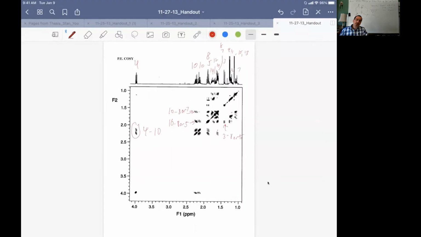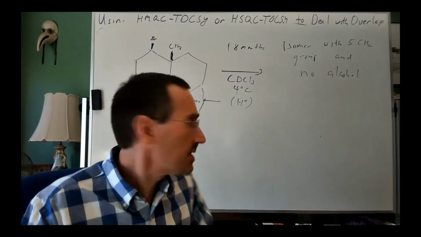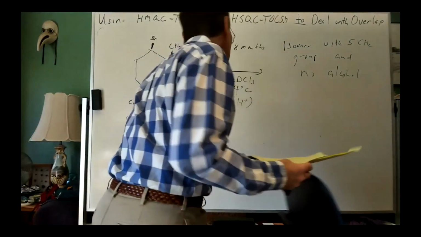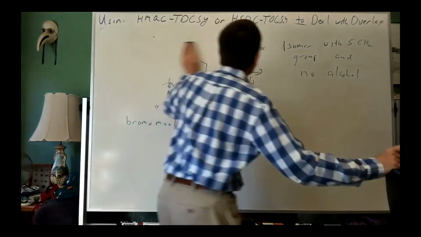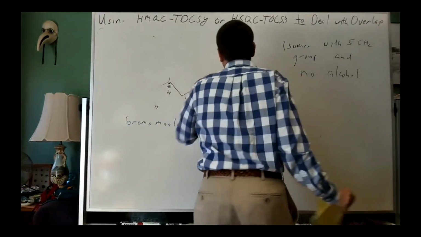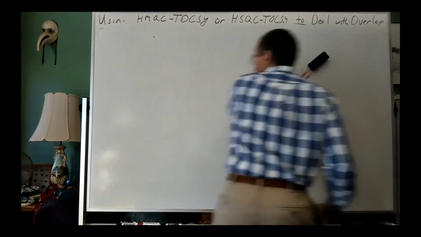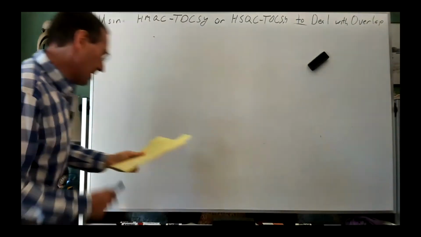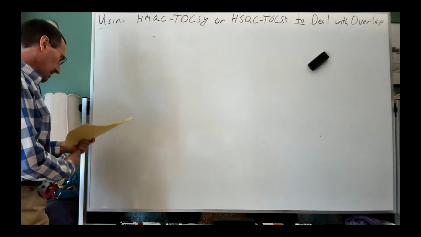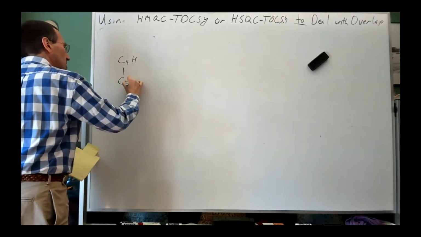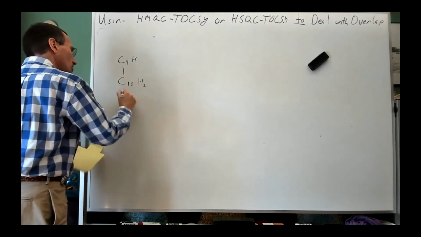But there's so much uncertainty here that the only thing I've really gotten out of here with any confidence, if I go back to my structure and try to build this thing up, is that C4H is crossing with C10H2.